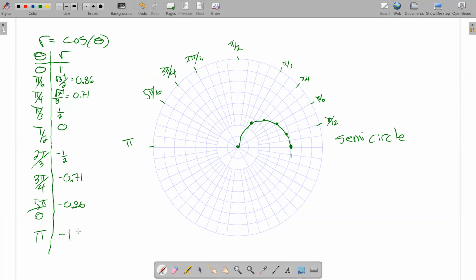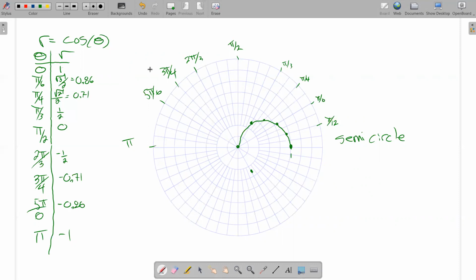And remember, a negative radius means find the angle, then go back through the pole. So for example, at 2 pi over 3, I want to think about that angle. Positive radius would be this way. Negative radius goes back through the pole this way over to -1/2. So 0.2, 0.4, 0.6, that would be right in here. So that point is around there.